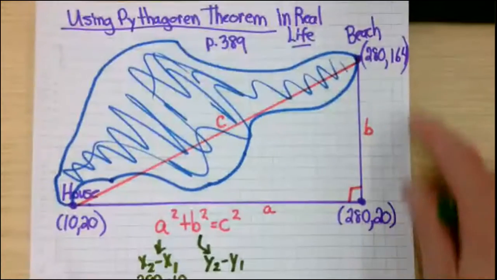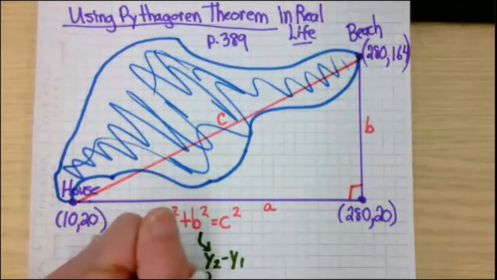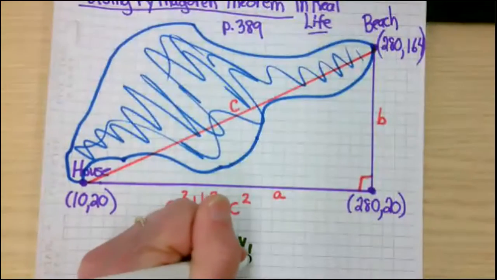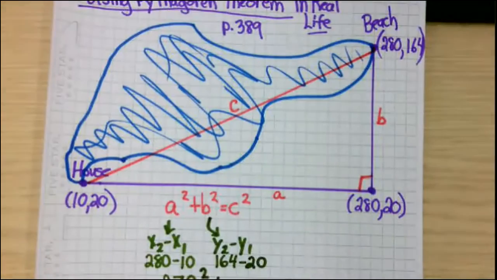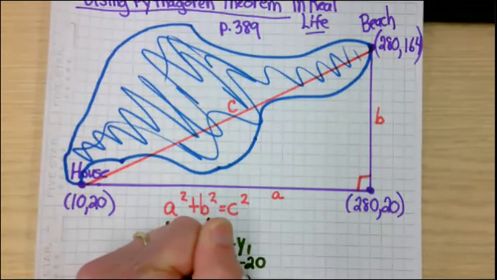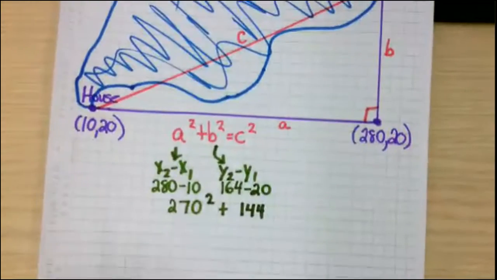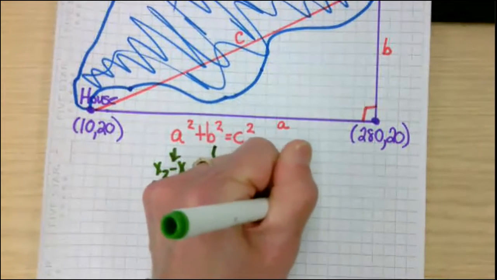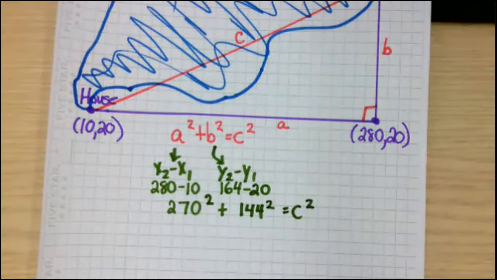So y2 is 164 minus our y1, 20. So 164 minus 20 is 144. And we're going to square that, right? Because it's a squared plus b squared equals c squared. And c squared, we're trying to figure out c, the direct distance from our house to the beach going across the lake.